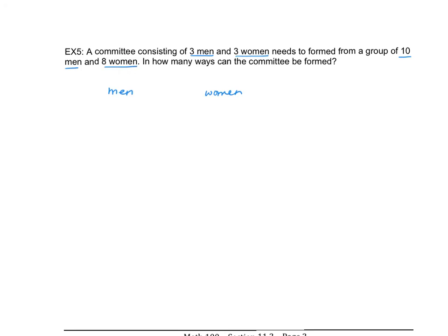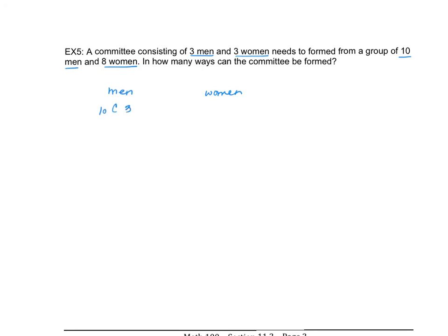So first I have to figure out in how many ways I can choose the men. It's a combination because I'm just choosing 3 from 10. Order doesn't matter. It doesn't say, well, in how many ways can you pick a president, vice president, secretary from the 3 men? There's no position there. So it's a combination where I'm choosing 3 from the 10.